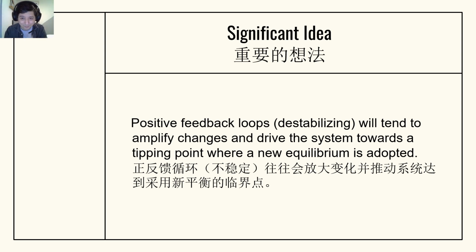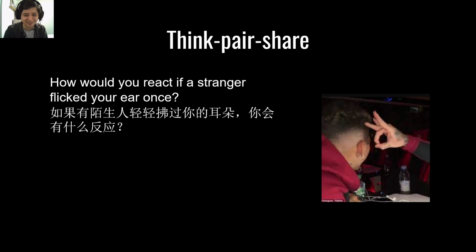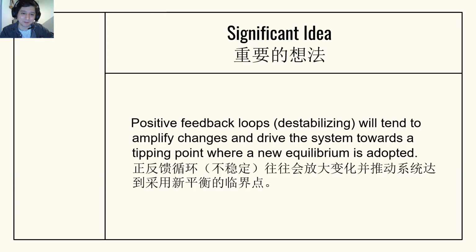So, I'll try. We'll see if we can get to an example in a second, right? I can't think of one off the top of my head. But to start, we need to define what a tipping point is, because that's a new vocabulary word, right?